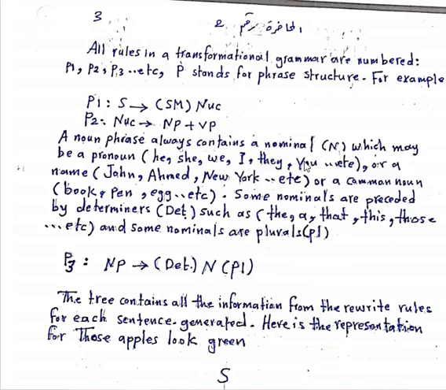So in phrase structure 1, in this construction, our sentence will be sentence modifier new class. As we said, sentence modifier consists of two parts, noun phrase and verb phrase.